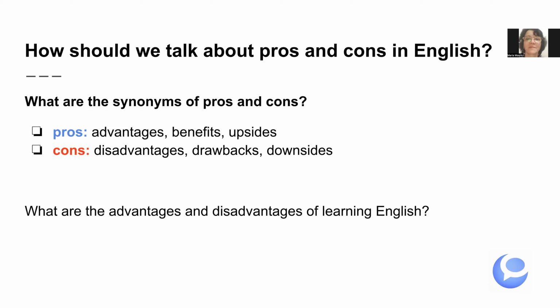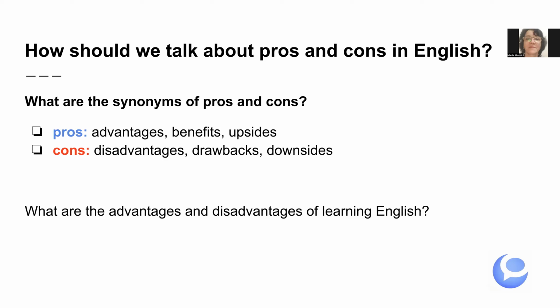So we use "of" most of the time. However, sometimes we can use "to": the benefits to doing something, the upsides to doing something. So you will see this in texts. Then we have the antonyms. The antonyms are cons, disadvantages, drawbacks, downsides. Now, I have put them in this order on purpose, because we normally pair them together.